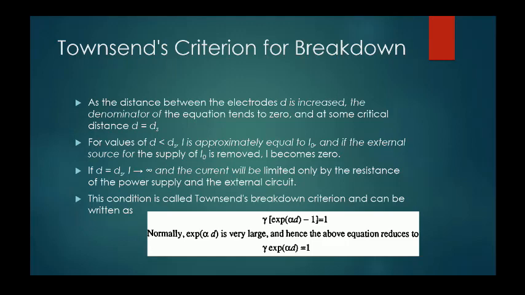The Townsend mechanism explains the phenomenon of breakdown only at low pressure, corresponding to p times d, that is gas pressure times gap distance, values of 1000 torr centimeter and below.